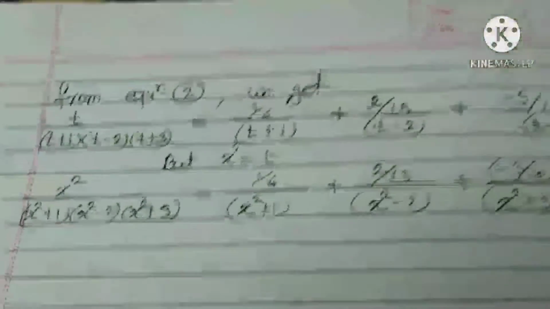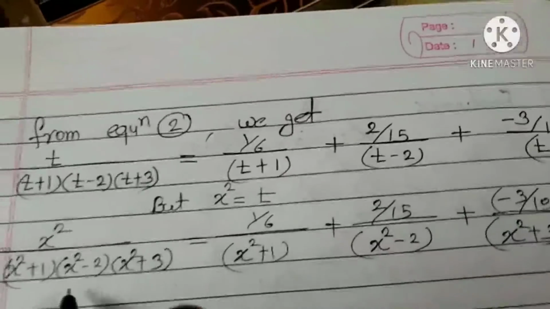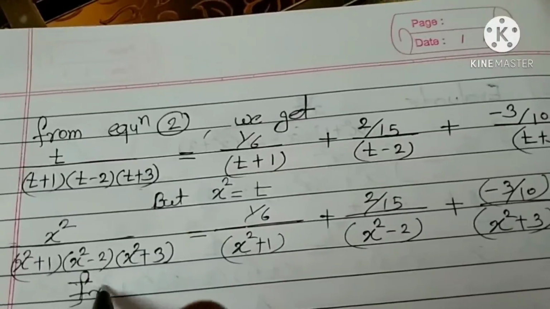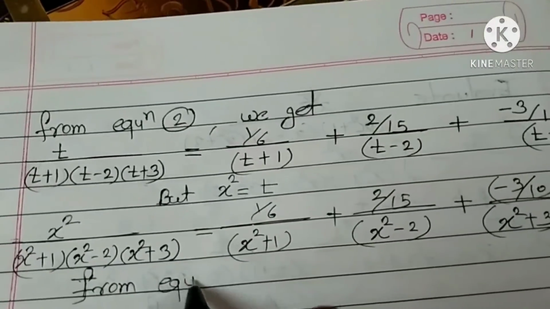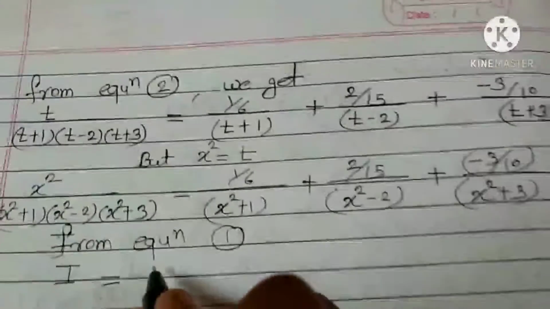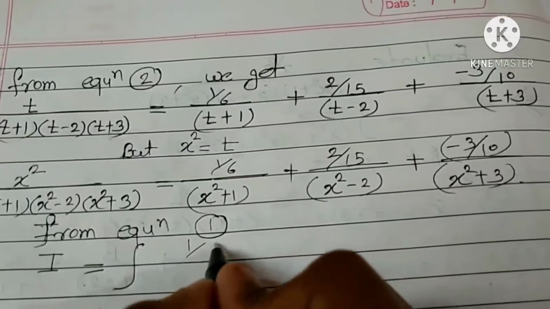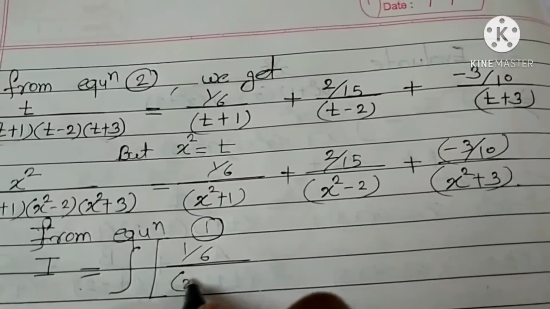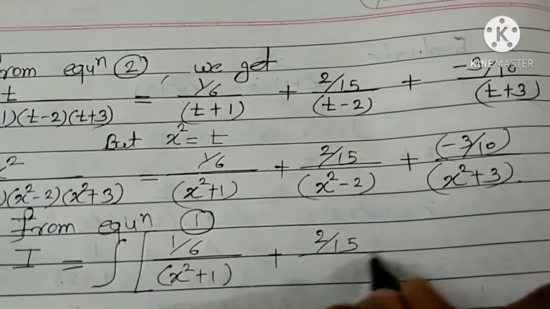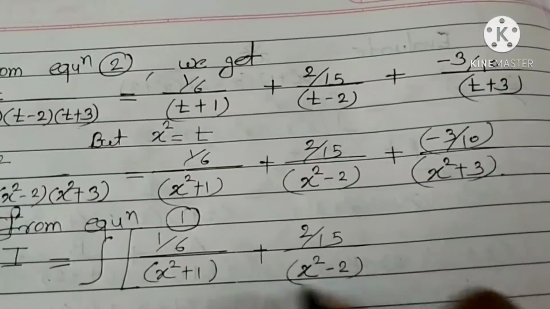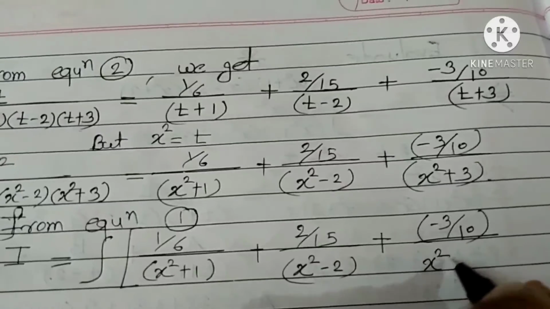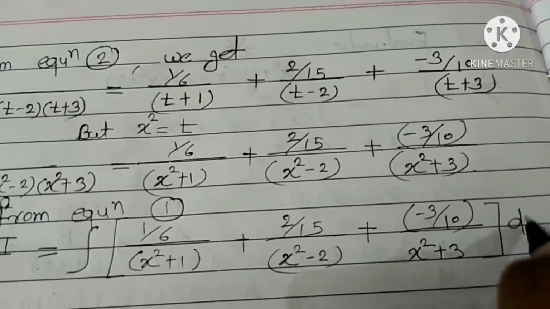So we take integration on both sides, then it will become I. So from equation first, I is equal to integration of 1 upon 6 into x square plus 1, plus 2 upon 15 into x square minus 2, plus minus 3 upon 10 into x square plus 3, dx.